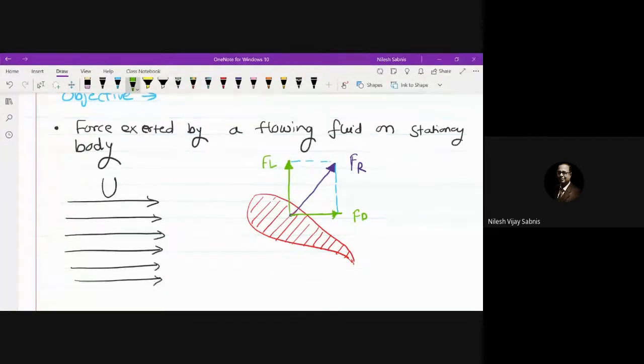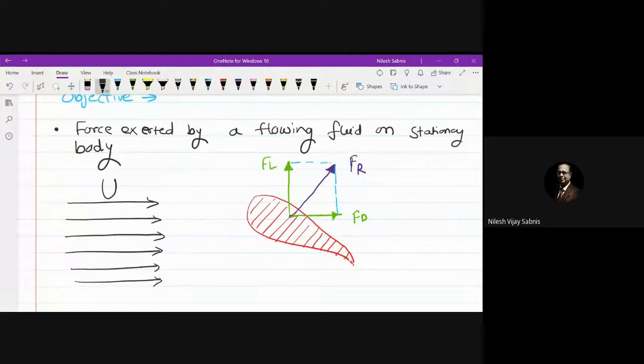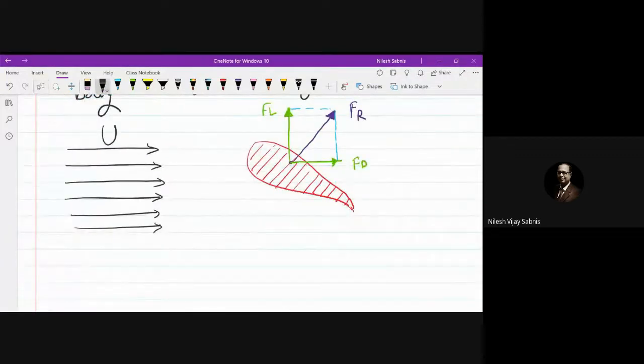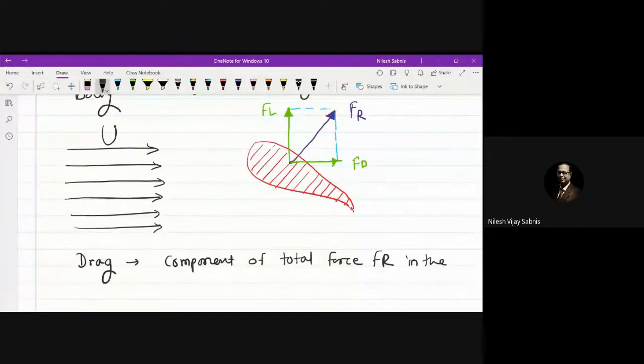The first component is called drag. It is the component of total force, FR, in the direction of motion, and it is denoted by FD.